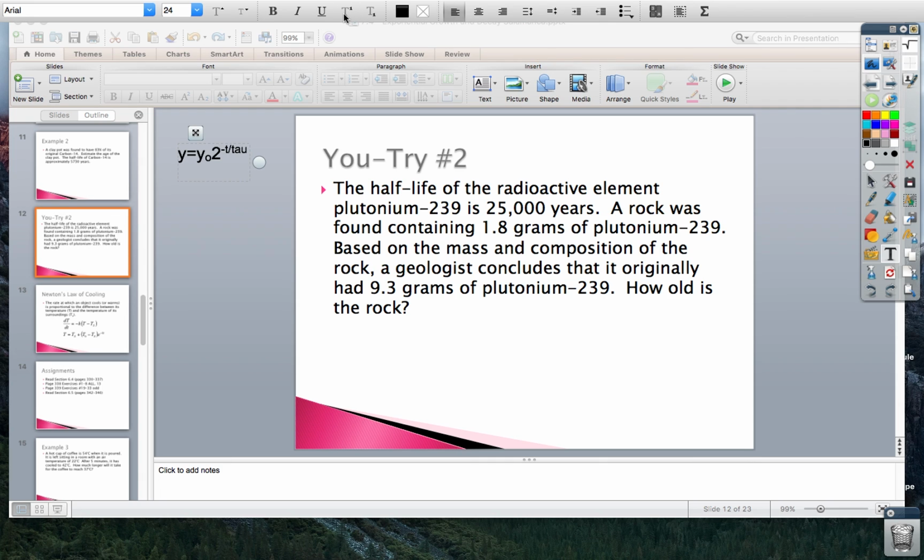We know that this final rock has 1.8 grams. We know that it originally had 9.3 grams, times 2 to the negative t divided by 25,000.